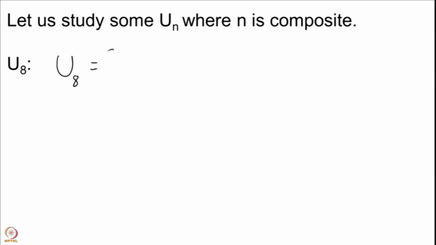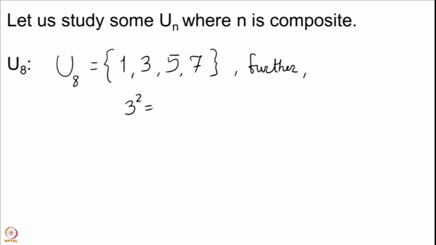U8 has only the odd elements, because all the even elements are not going to be co-prime to 8, they will have the GCD equal to 2 at least. So, these are all the elements. Further, we notice that the squares of all the non-trivial elements are equal to 1 modulo 8.